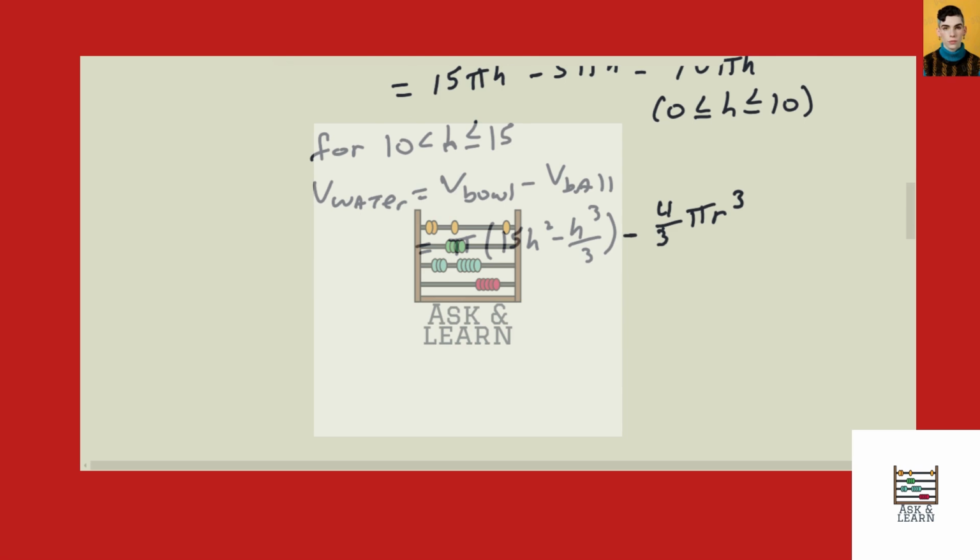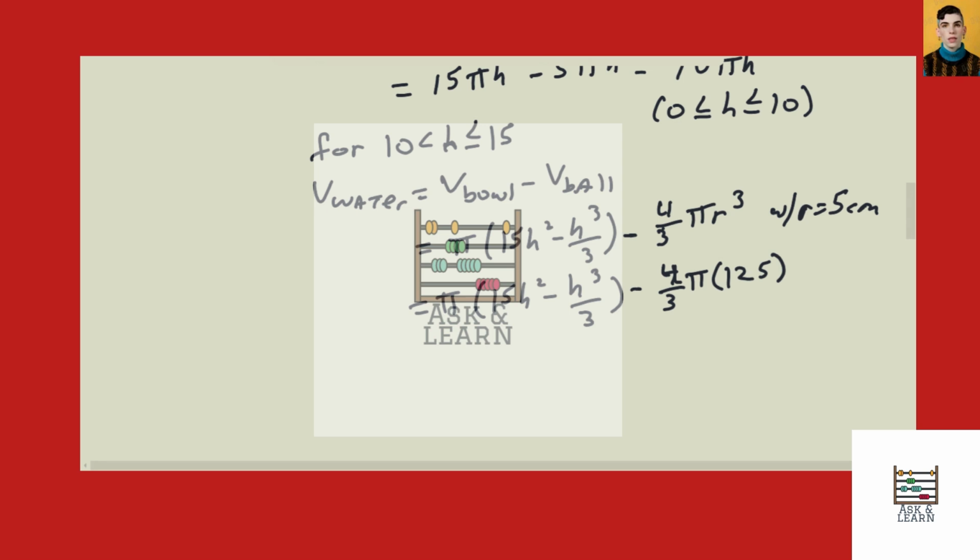Since the radius is 5 centimeters, this is pi times 15h squared minus h cubed over 3, minus 4/3 pi times 5 cubed. Well, 5 cubed is 125.